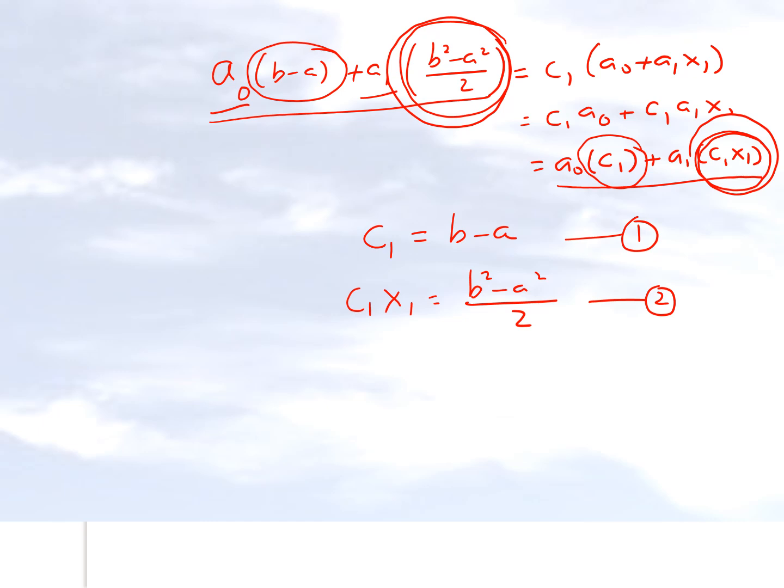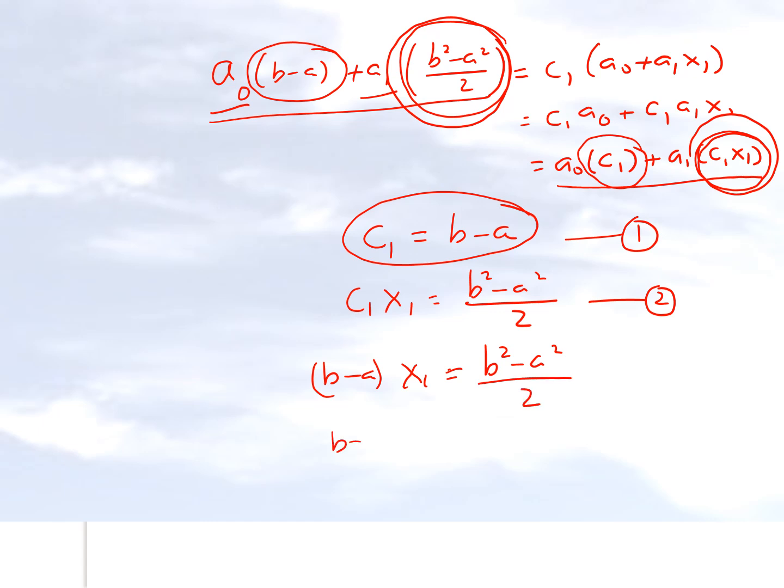Of course, these may seem to be nonlinear equations. At least the second one is a nonlinear equation, but it is very simple to solve because I already have the value of c1. So I will just put it here. I get b minus a times x1 is equal to b squared minus a squared by 2. How do I find x1?